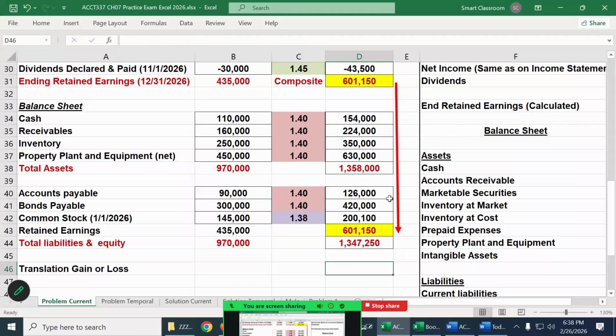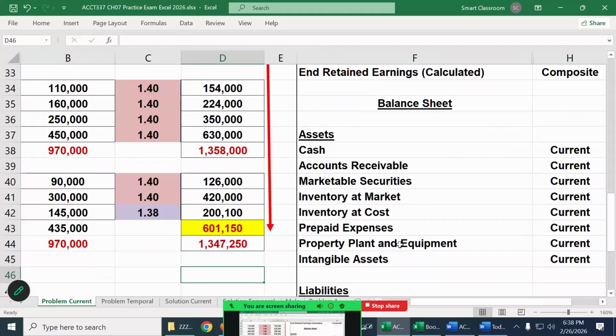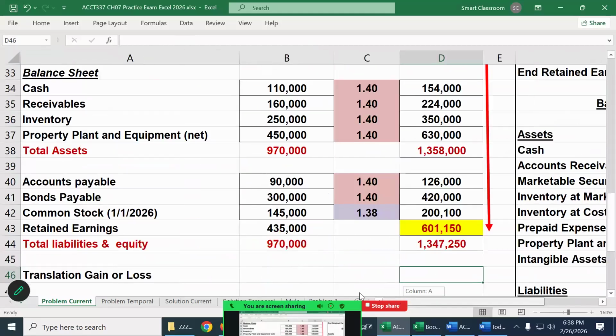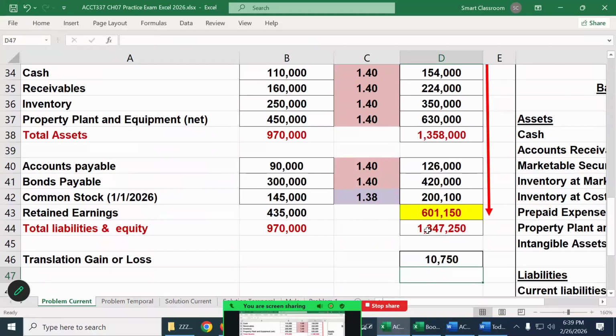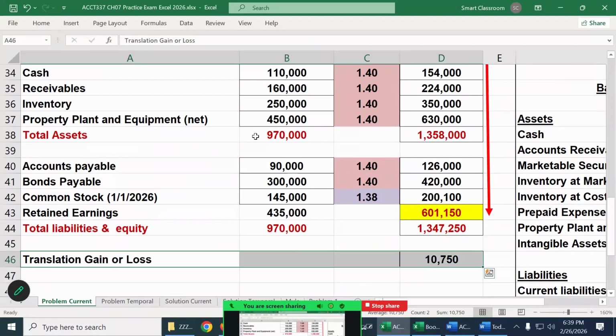We have total assets of 1,358,000. We have total liabilities and equity of 1,347,250. So we're going to take the difference between those two. I should know the answer, but no, it's 10,750. So this is the difference.